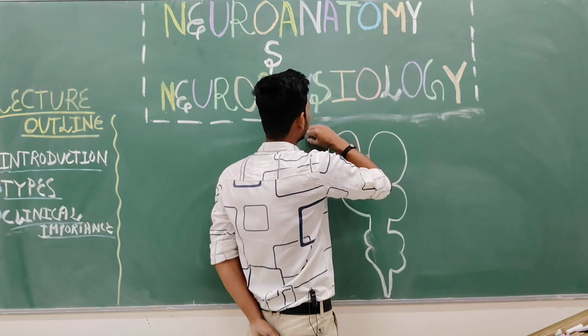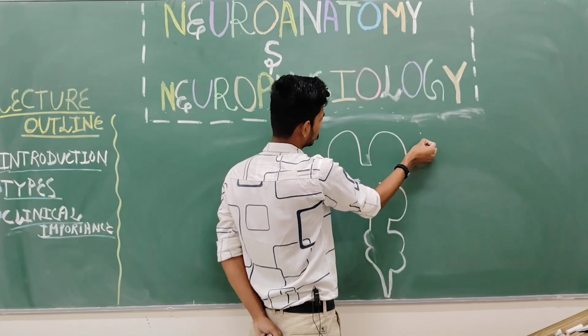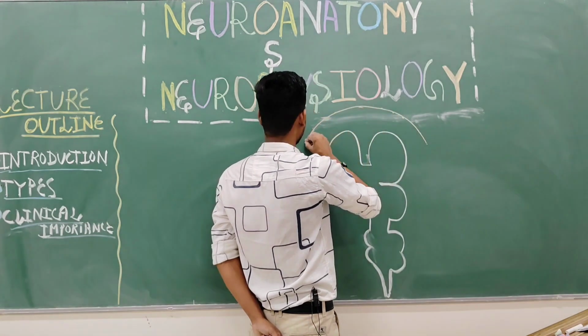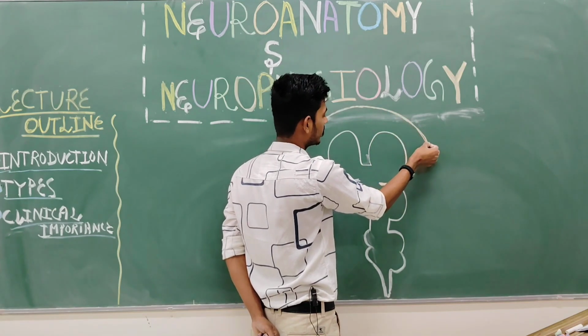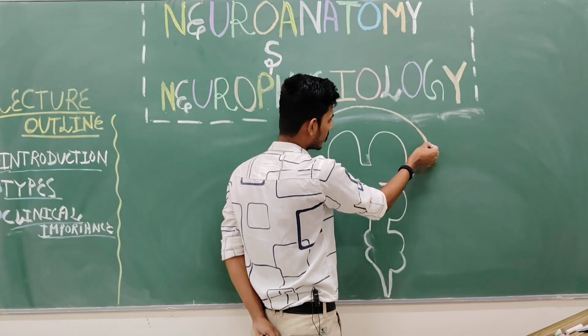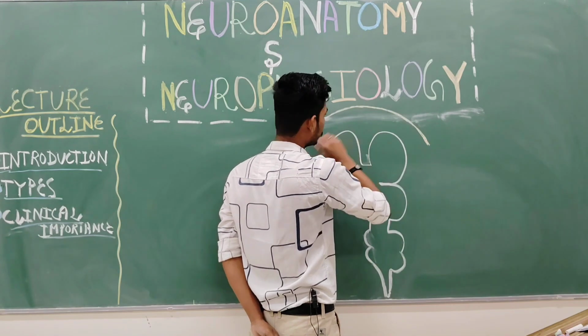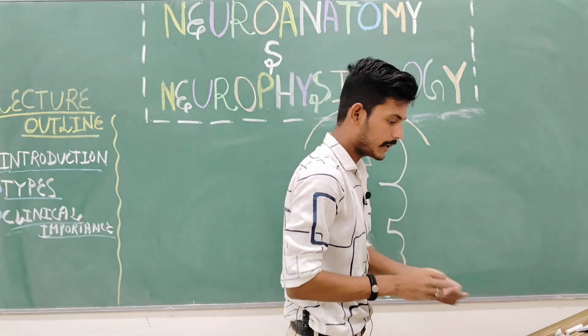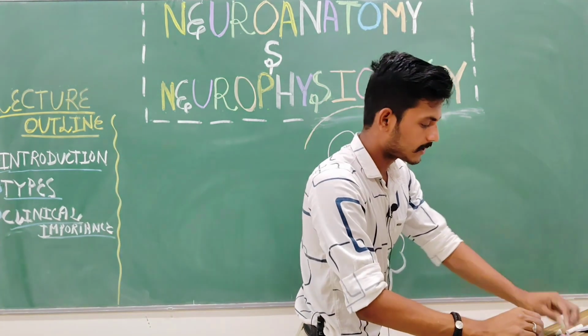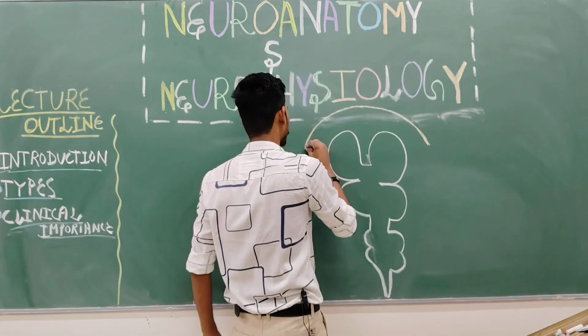This cranium has one layer, which makes the cavity of the brain, and this layer is called the calvarium.